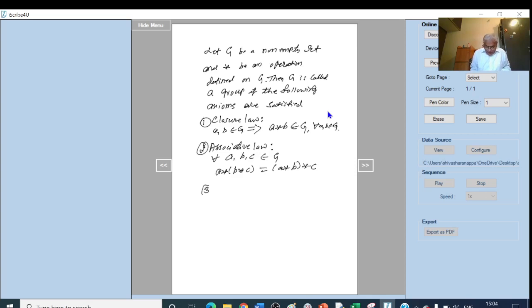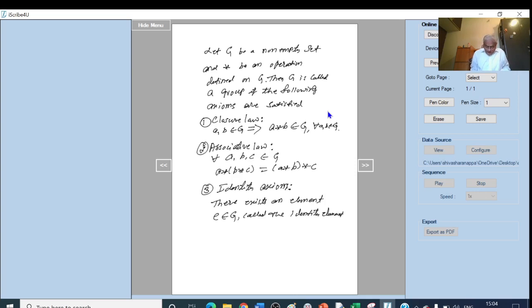And the third axiom is identity axiom, or identity law. The identity axiom is: there exists an element E in G, and we call this element the identity element.